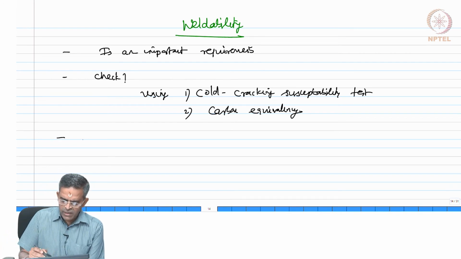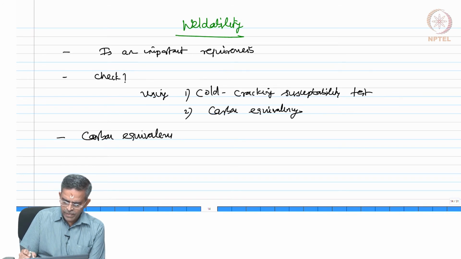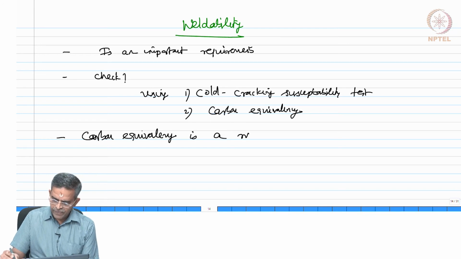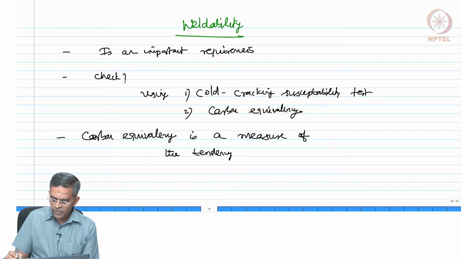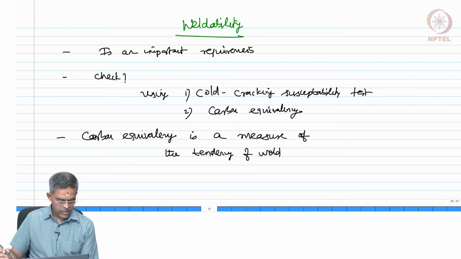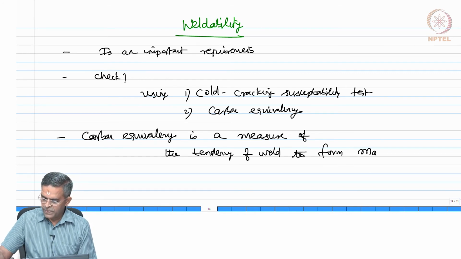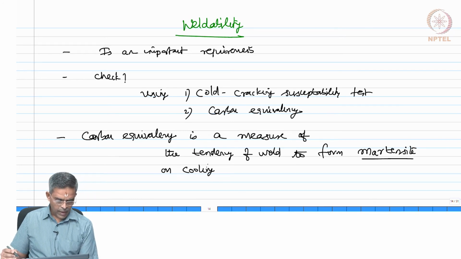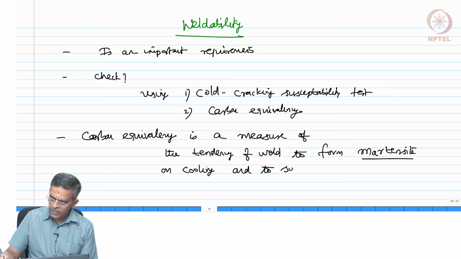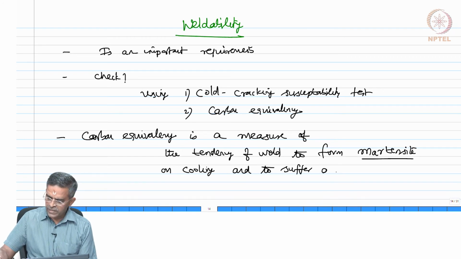So, it is now clear that carbon equivalency is a measure of the tendency of the weld to form martensite on cooling and to suffer a brittle fracture.